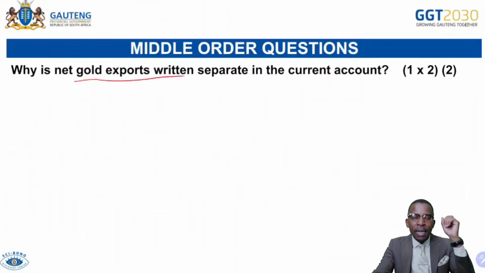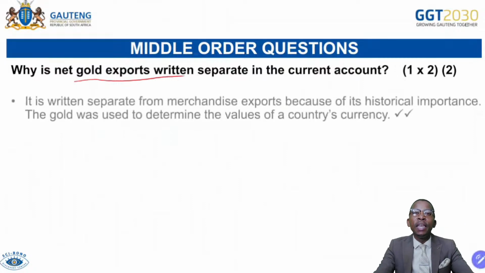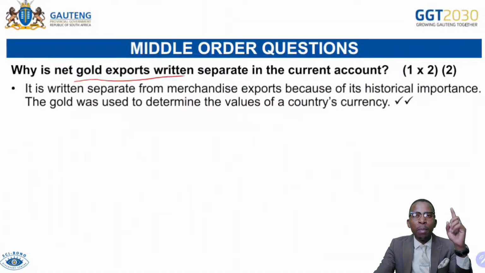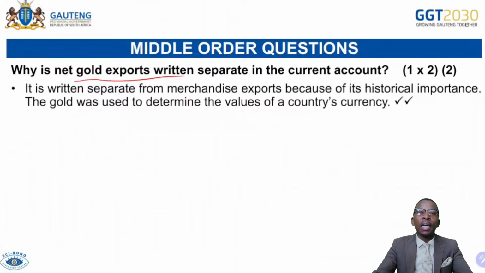So net gold export is written separately because of its historical importance. Firstly, remember that gold is a commodity. It is very important in our country because it brings us more revenue. However, it is written separately in the current account because of its historical importance.